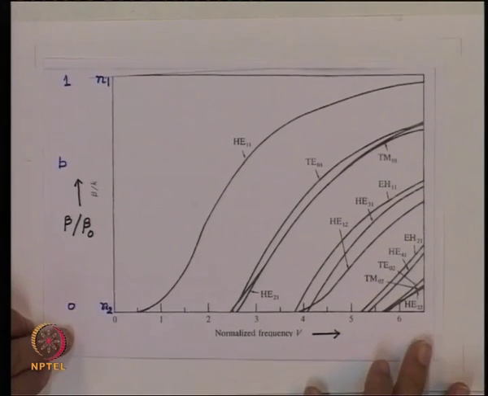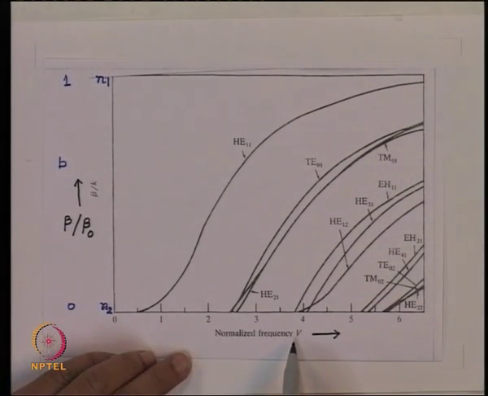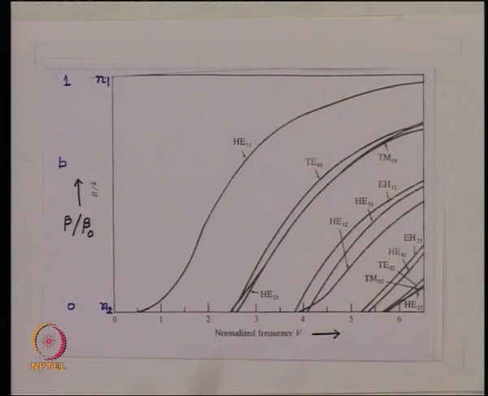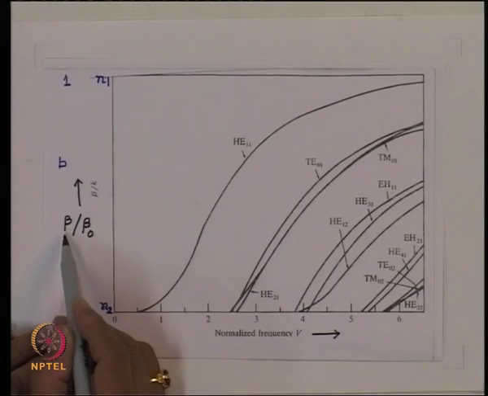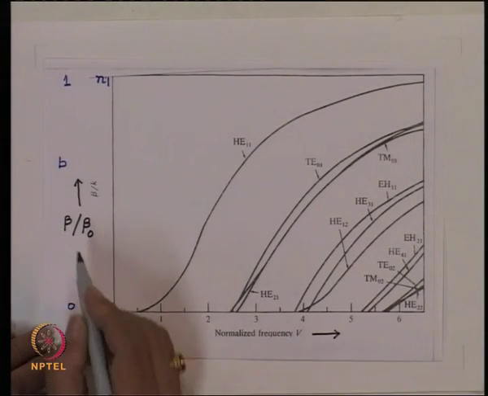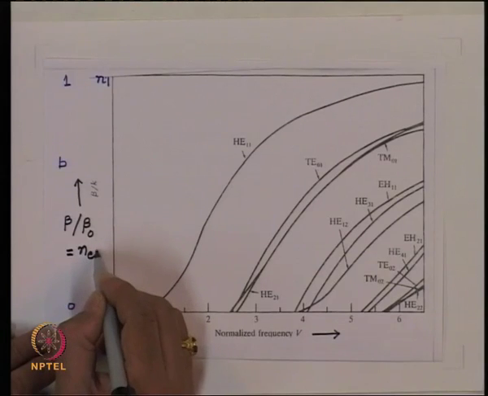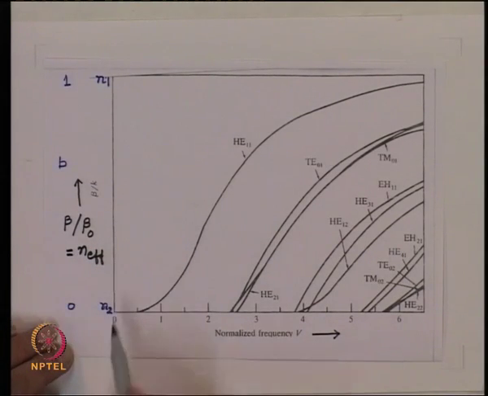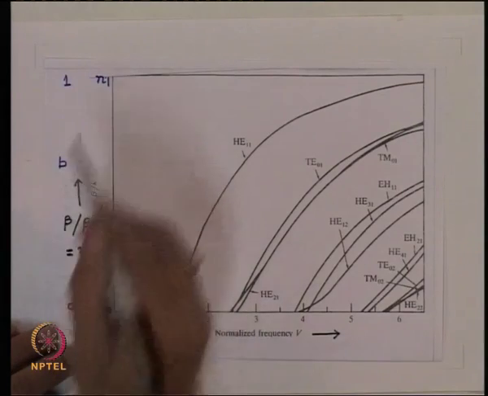So now, instead of having a plot of the propagation constant beta as a function of frequency, we can get a variation of this normalized propagation constant as a function of V number, because V number is proportional to frequency. Here we have plotted the quantity beta divided by beta naught, which is nothing but your N effective. As we have seen, N effective will range between N2 and N1.